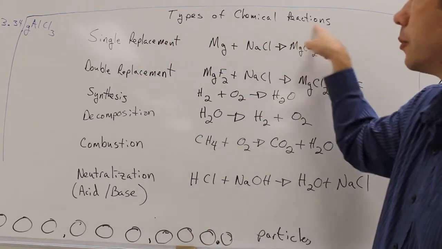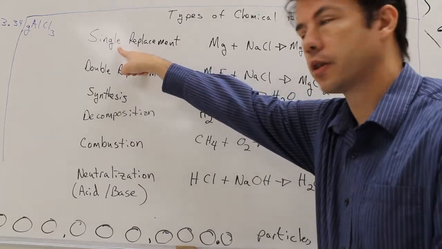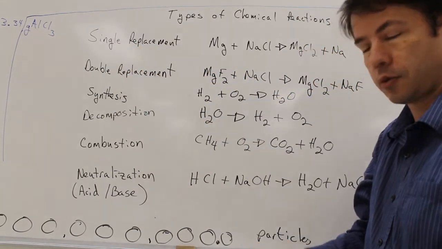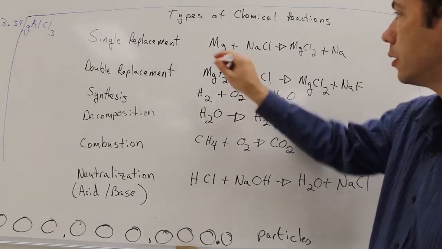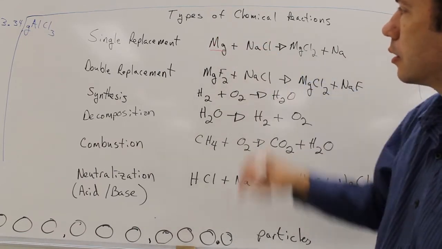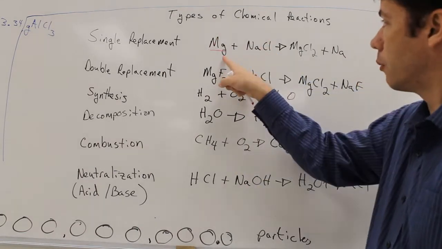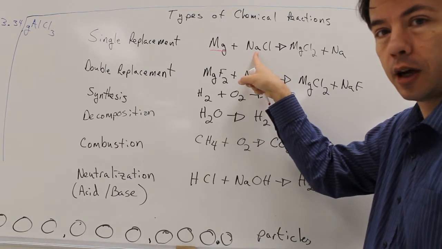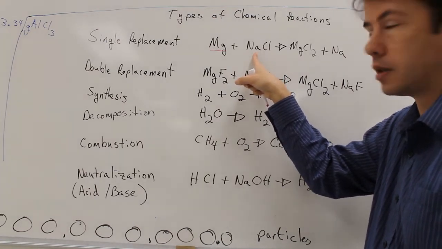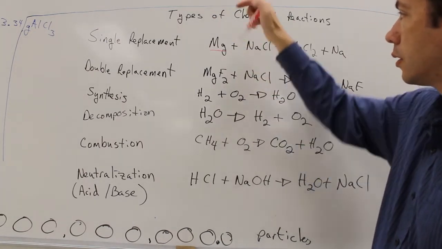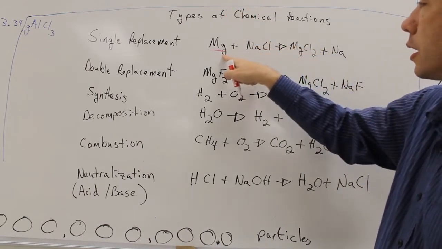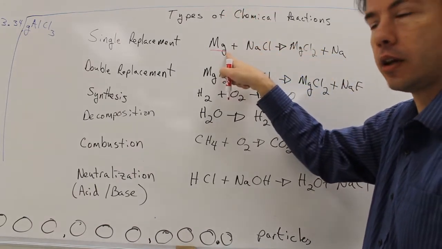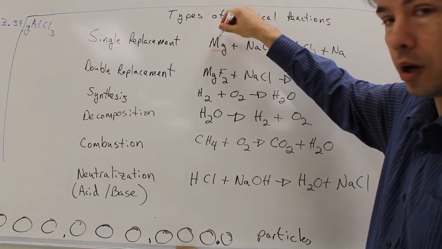We're going to do types of chemical reactions, and the first one is single replacement. It's really simple. We have a single element, in this case magnesium, and we add it to a compound, in this case sodium chloride. The single element is the positive ion.